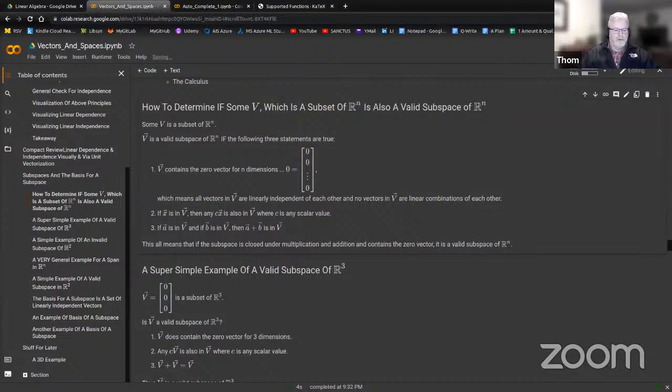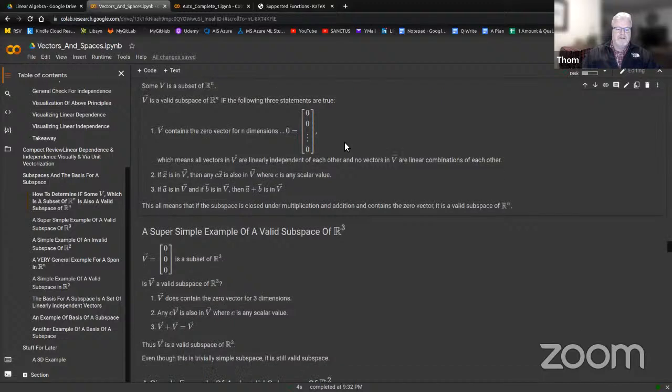Okay, I'll go fix these later, but they shouldn't have that vector symbol over them. So V is a valid subspace of real numbers in n dimensions if the following three statements are true.